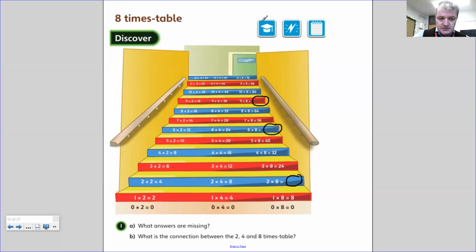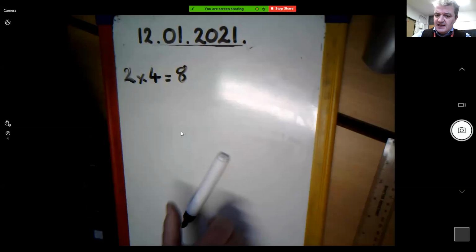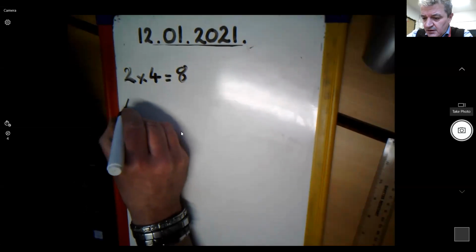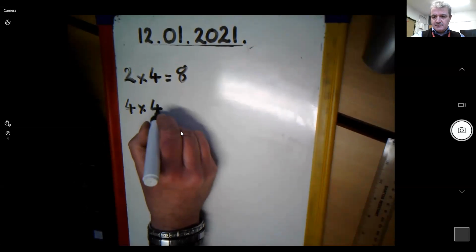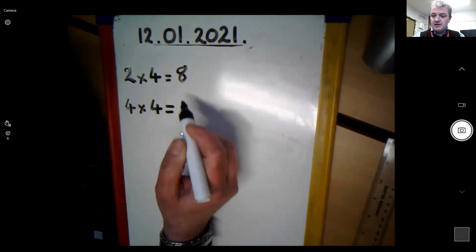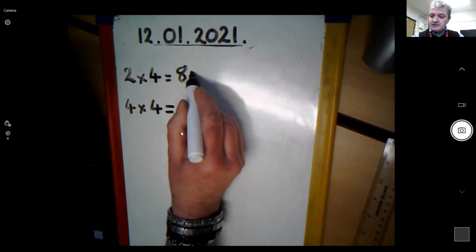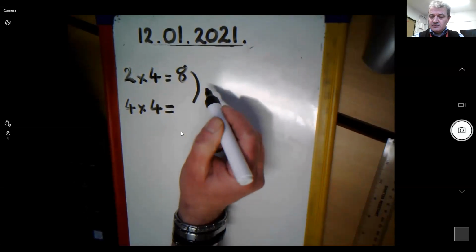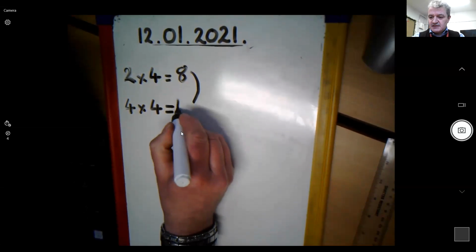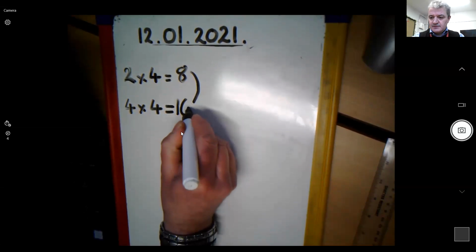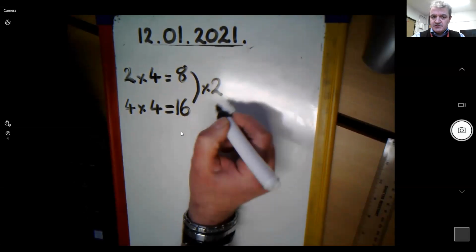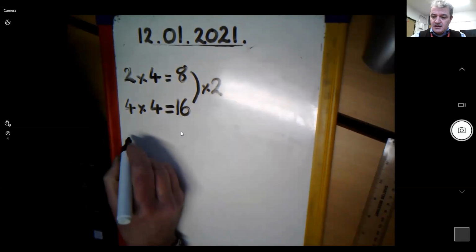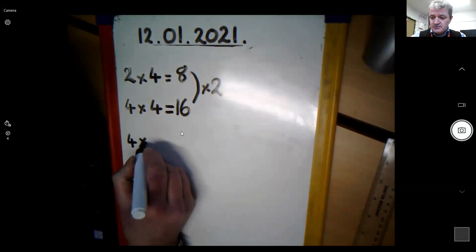Okay. 2 times 4 equals 8. Now, if I didn't know my 4 times table, I could do this. I double 8. What's double 8? Times 2 times 4 by 2. Okay, what is 4 lots of 8, or 8 times 4?